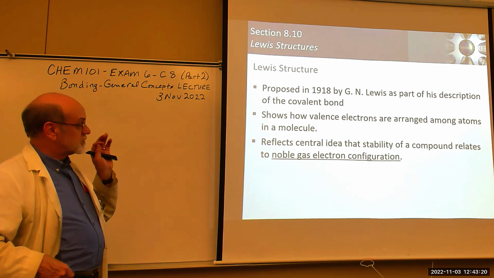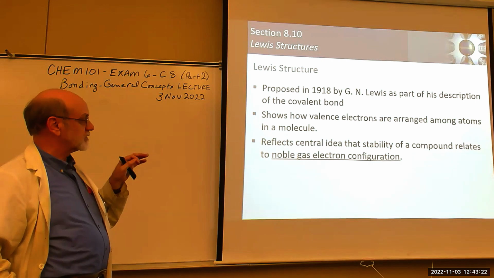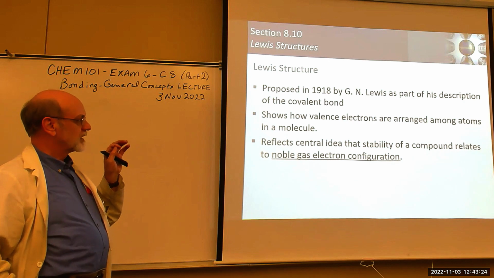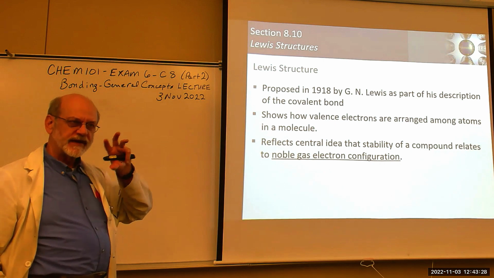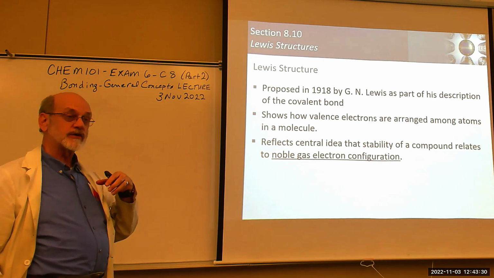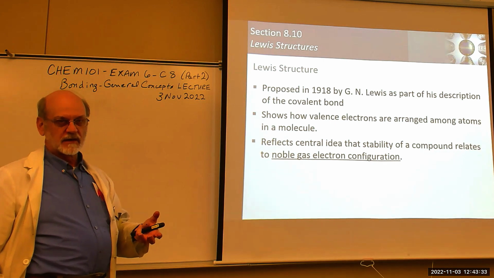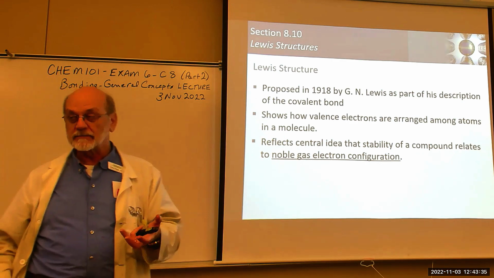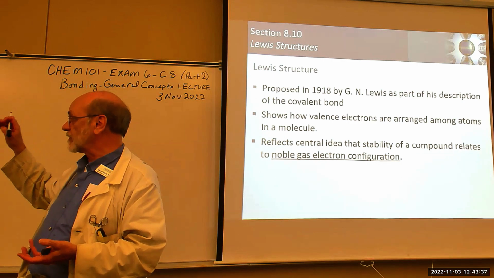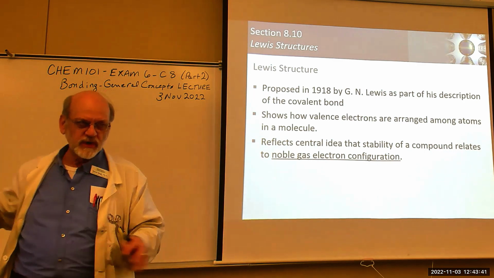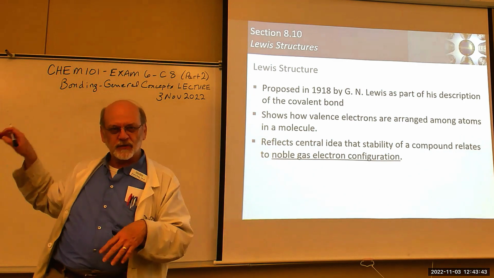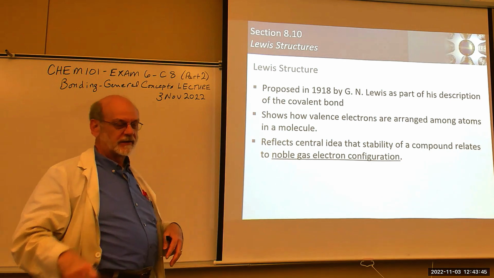So G.N. Lewis developed this dot structure to account for just the valence electrons. And in fact, he focused on octets. So he's going to be looking at primarily the second and third periods. But we expand his model into the third period and beyond.